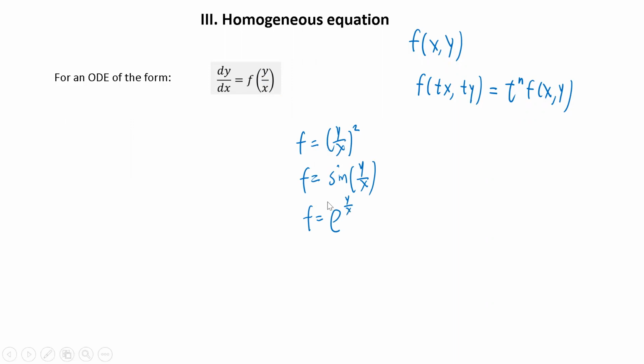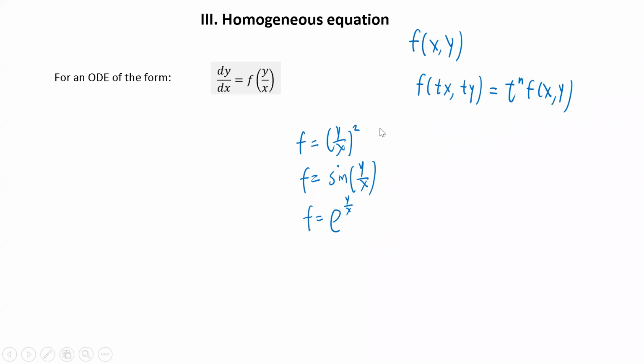All these functions are of course functions of x and y, but you can see that x and y always come together. So instead of writing it as a function of x and y, I can simply put it as a function of y divided by x. These are examples of such functions. Now the question is, are these kinds of functions homogeneous?